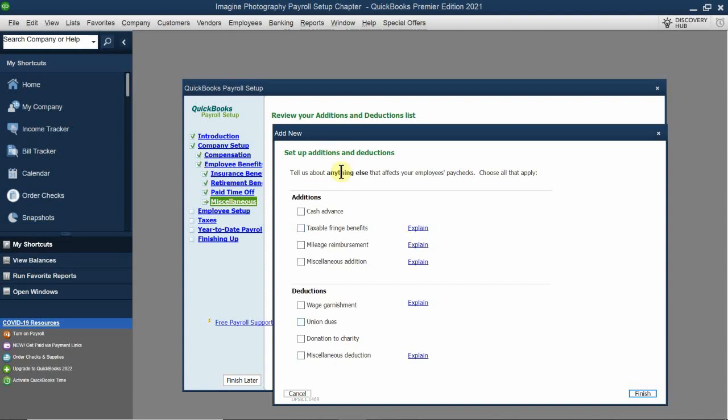Now, these are all extra benefits that the employee may or may not have to pay into. So again, if you pay for meals, that's something that's cool too. If your company has a food court, you can pay your employees money so they can eat lunch on the premises of your company.